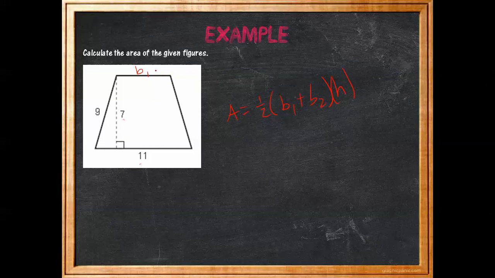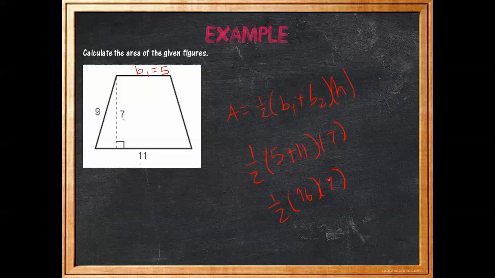Now say this was 5, then we could calculate it. Then we could just say 1/2 times (5 plus 11) times 7. If we take 5 plus 11, that gives us 16.